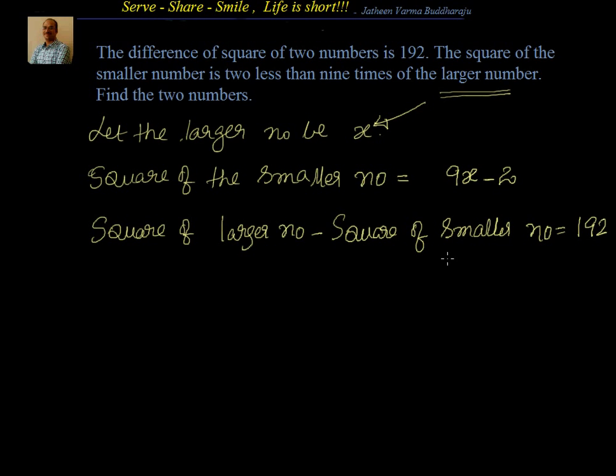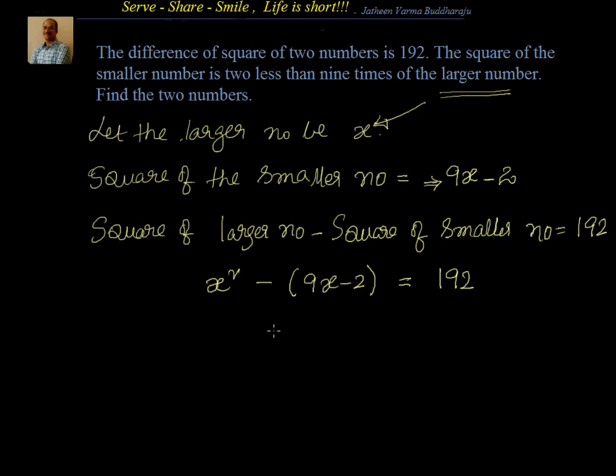Now let's try to substitute the values here. We know the larger number is x. So if I square it, what it will become? It will become x square minus square of the smaller number. We know square of the smaller number is 9x minus 2. So can I say x square minus (9x minus 2) equal to 192.